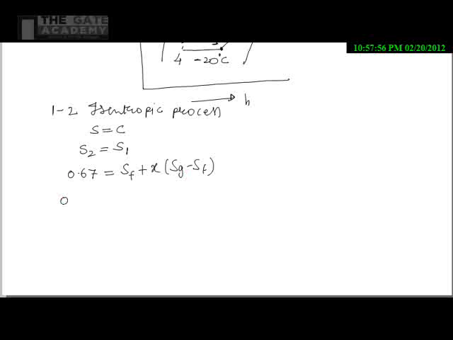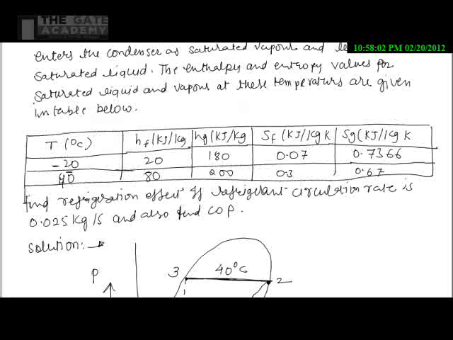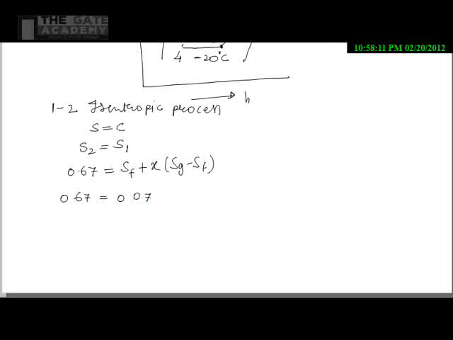So 0.67 equals; SF for minus 20 degrees centigrade is 0.07 and Sg is 0.7366. If we put these values, I get 0.07 plus X into 0.7366 minus 0.07.